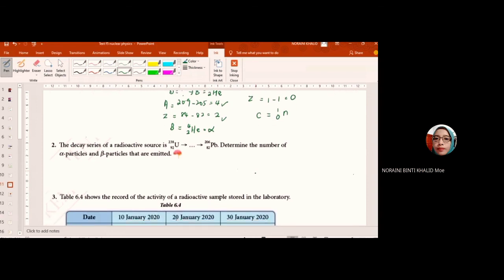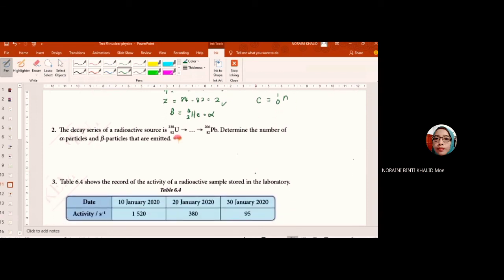Then number 2, the decay series of a radioactive source is uranium-238, 92, becoming lead-206, 82. Determine the number of alpha particles and beta particles emitted. So you can just write the equation generally. Plus, we don't know how many alpha, so you can put X of helium nuclei and Y of electrons. This is just a mathematical operation.